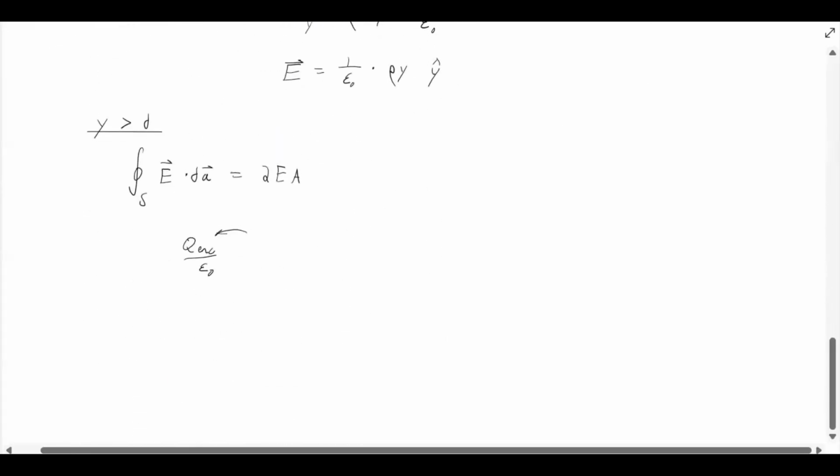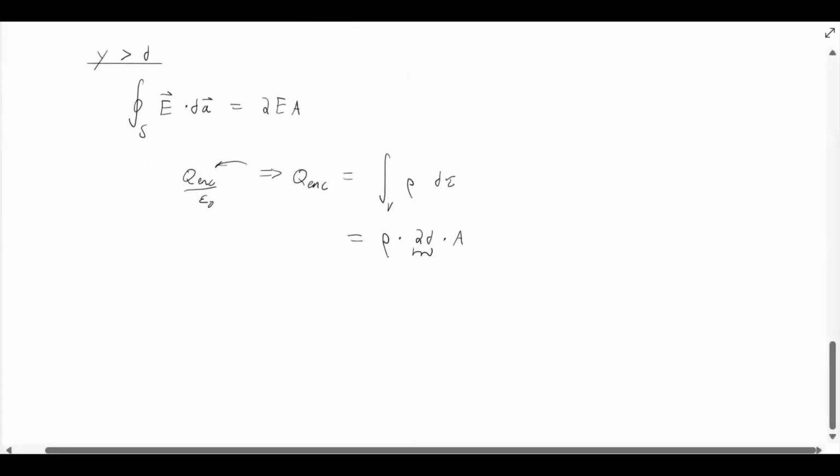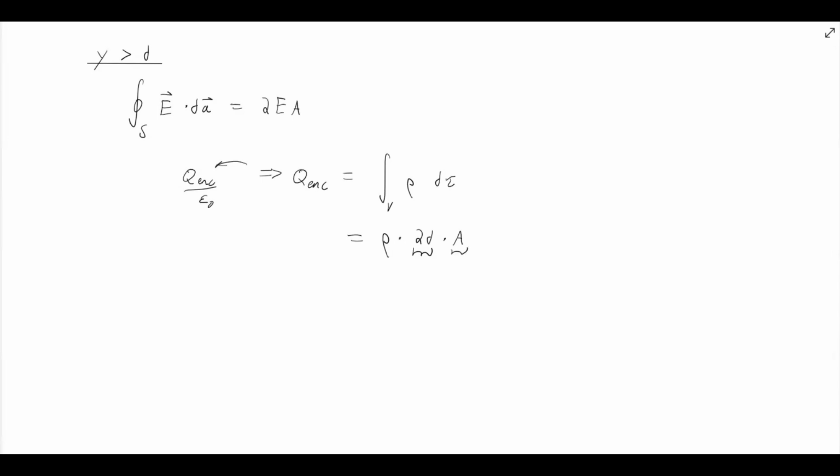So the volume integral, with the same setup d tau, will now equal 2d, the distance 2d, times A. And this is the important difference. Instead of 2y, we have 2d, because our charge only exists within the slab, and the width of the slab is 2d. And we have the area of the circular surfaces of the pillbox.